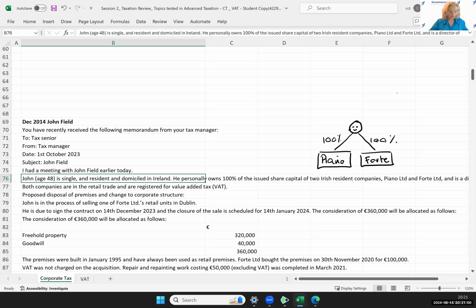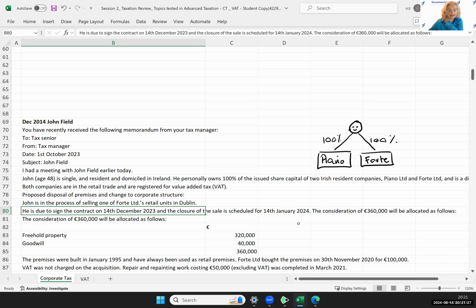Okay. So what are we told about the two companies? John is in the process of selling one of Forte Limited's retail units. So Forte Limited has a retail unit for sale. He's due to sign the contract on the 14th of December 2023, and the closure of the sale is scheduled for the 14th of January 2024.